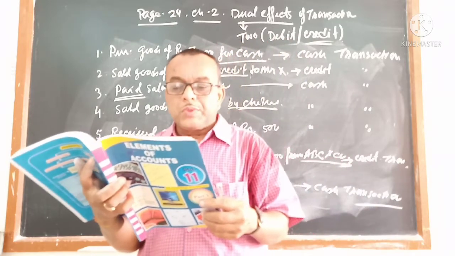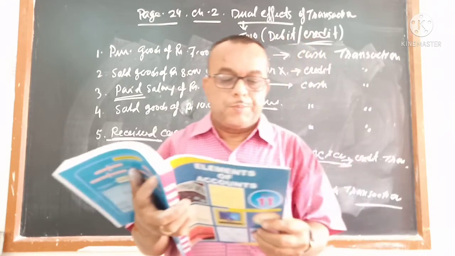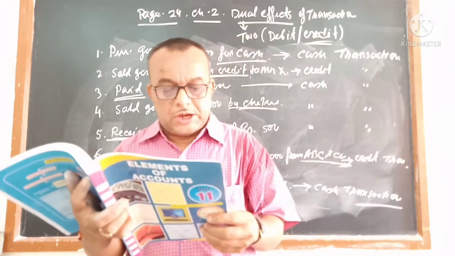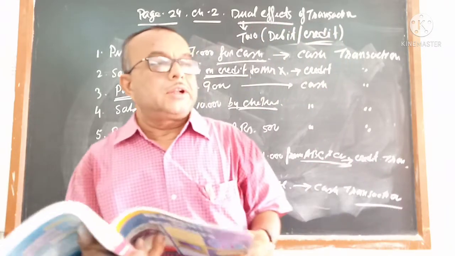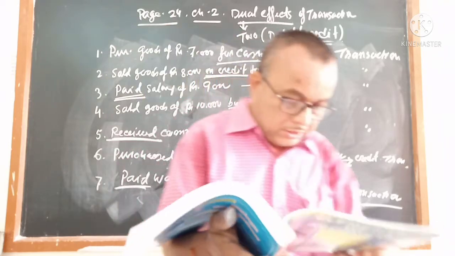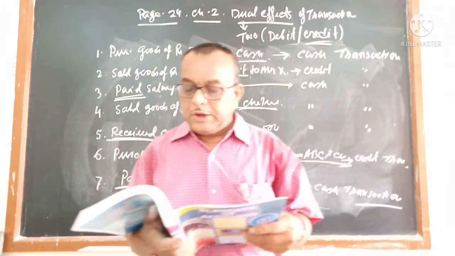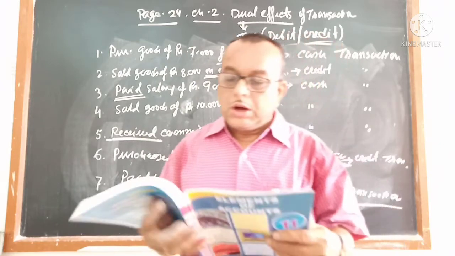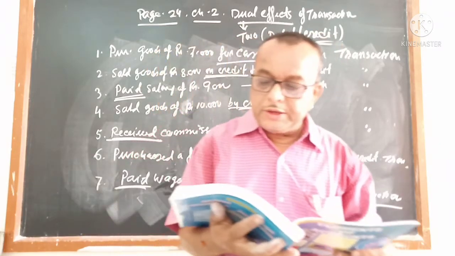On the top it is explained the transactions for receivable or payable, credit transactions, other transactions, internal transactions, external transactions, like that. There are so many transactions already covered. And on page number 26, illustration 1, let me explain it now. How we will find out whether it is a cash transaction or a credit transaction.